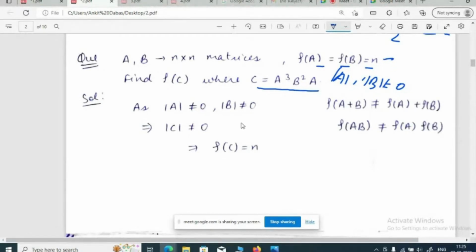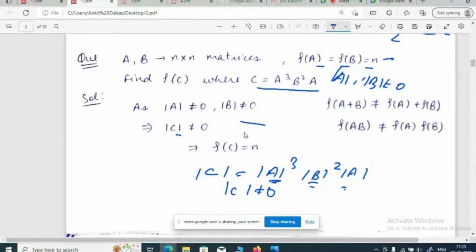Hence the determinant of C is equal to determinant of A cube, determinant of B square into determinant of A. Because these terms are non-zero, the determinant of C is not equal to 0, and hence by definition the rank of C will be equal to n.